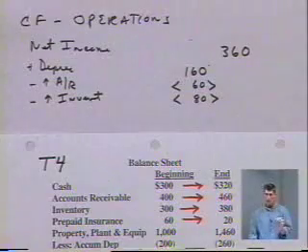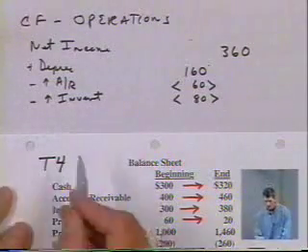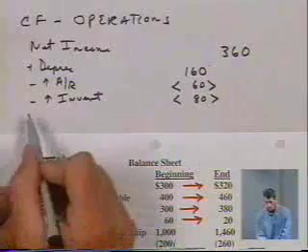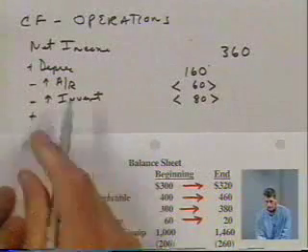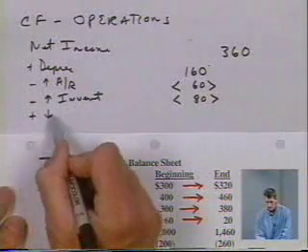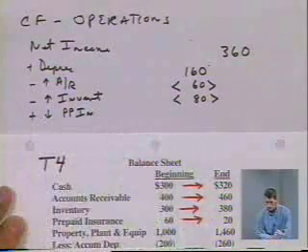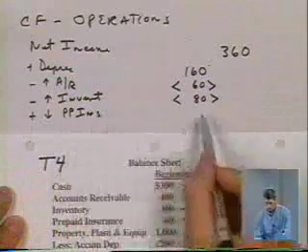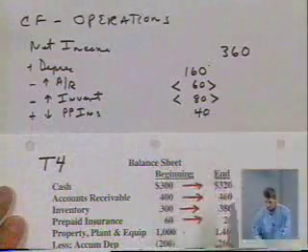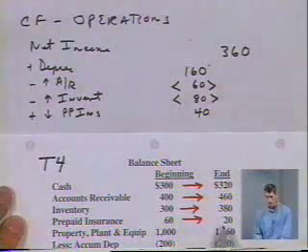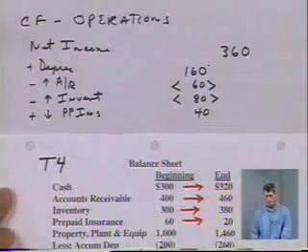Now, we didn't, but it's as if we sold it. Hence, that decrease of 40, we add back. We add back the decrease in prepaid insurance. And that was the difference here: 60 minus 20 is 40.